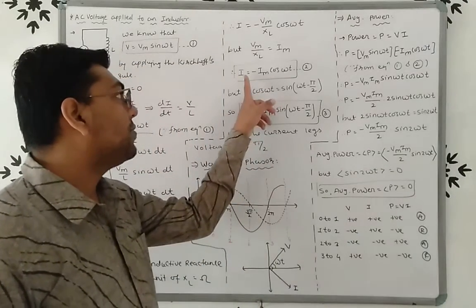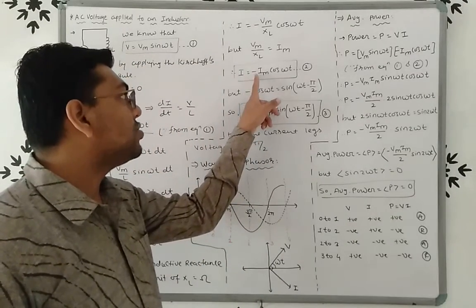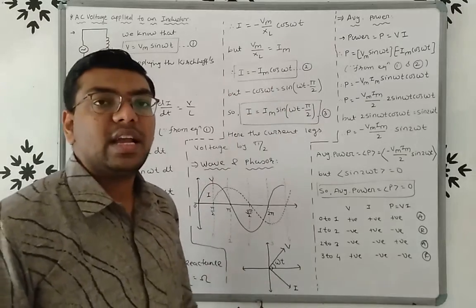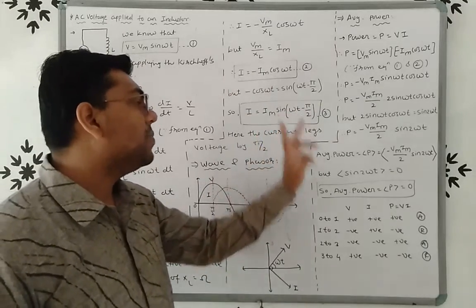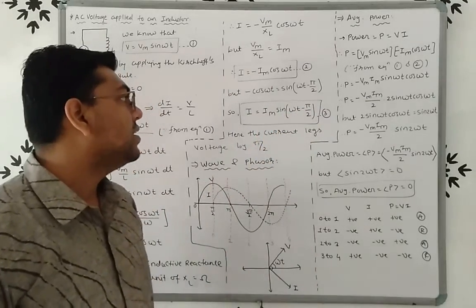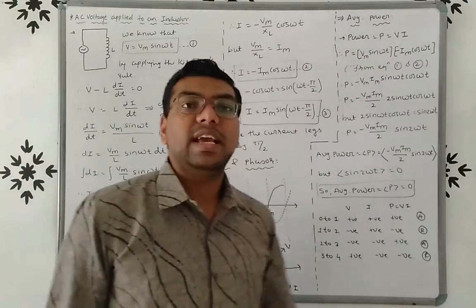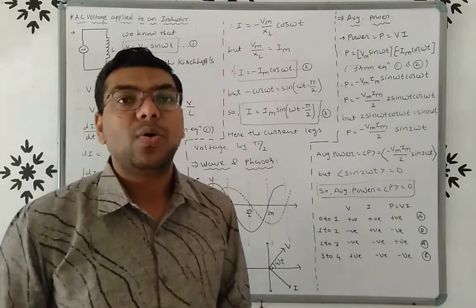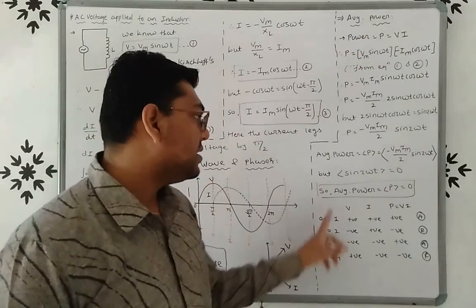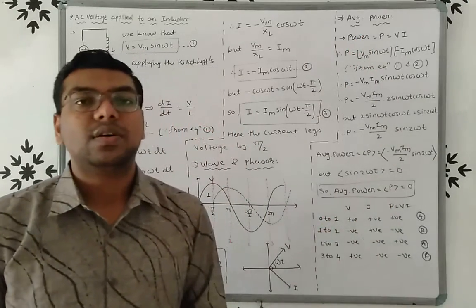Then the equation of current, that is I is equal to minus Im cos omega t, or Im sin (omega t minus pi by 2), right? Then the average power when AC voltage is applied to an inductor is equal to 0, right?